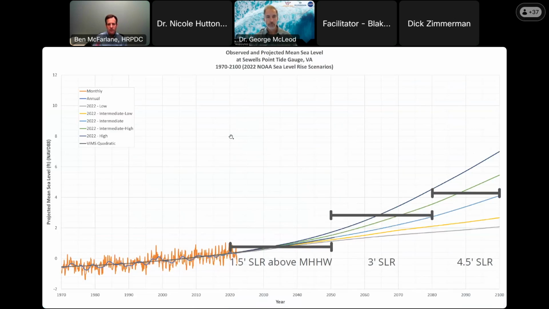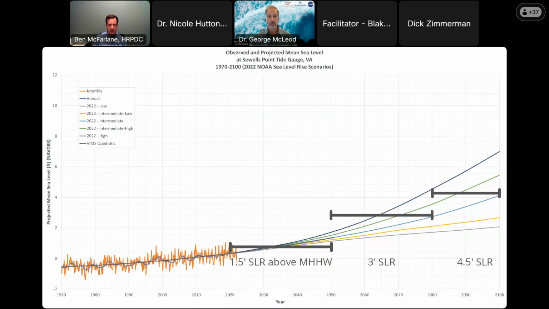And so this is just one example of how we're able to use that information. We go from having these global scenarios to having a regionalized scenario developed with NASA tools and others. And then we are able to take the global curves that are developed, the different sea level scenarios, and modify those to account for all of these different regional effects that we're seeing. And so this slide here just shows our regional projections of sea level rise that we've adopted here in Hampton Roads.